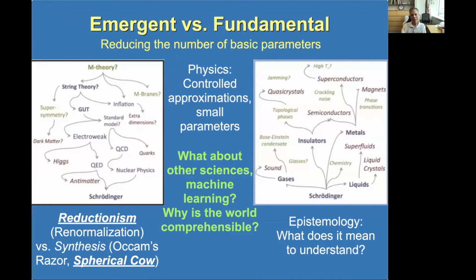So in physics, we have a wide variety of systems that start out very complicated, like collections of atoms interacting via Schrödinger's equation, and end up giving you comprehensible theories of nature, superfluids and insulators and semiconductors.